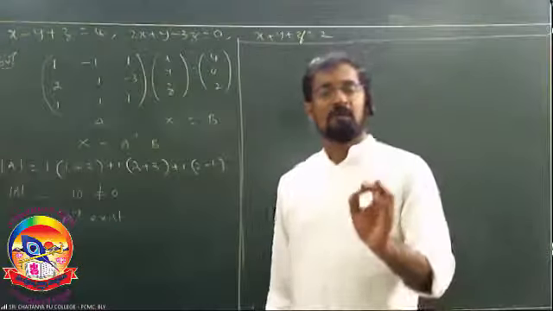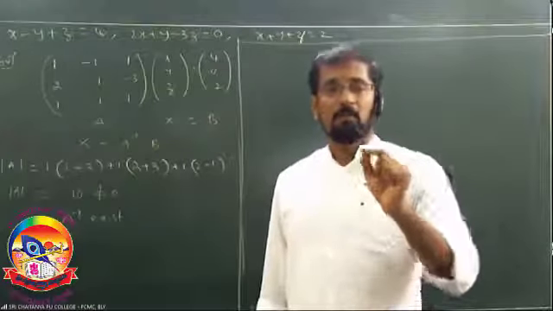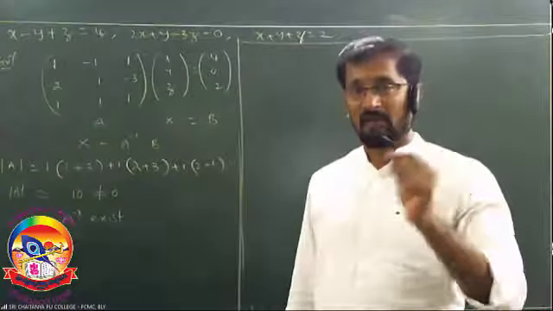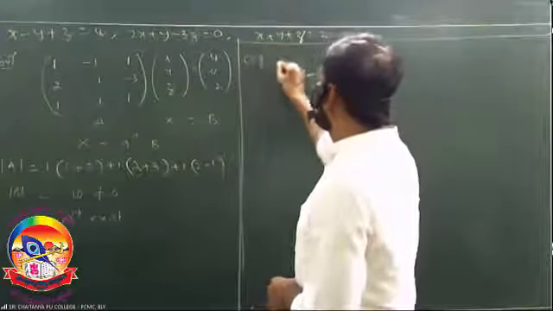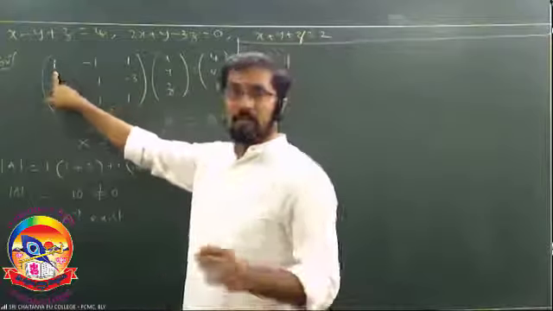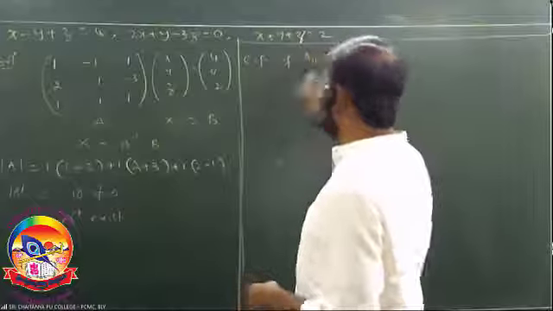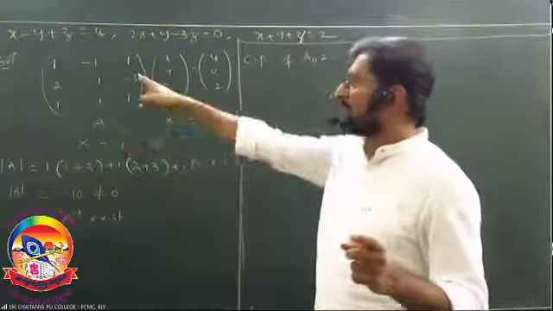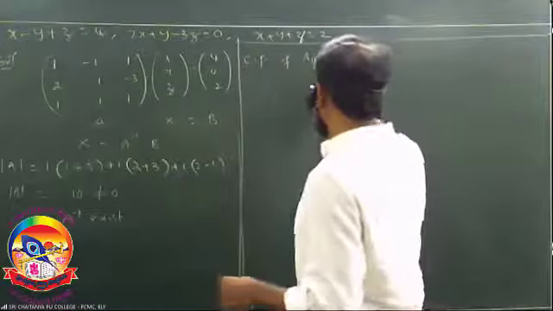Now, the students who have not understood the previous problem of finding cofactors can listen, right? First of all, the cofactor of this first element is said to be A11. You can also write it like this. Cofactor of A11 is nothing but the cofactor of the first element, which is equal to positive of.